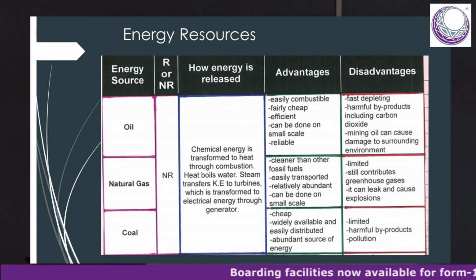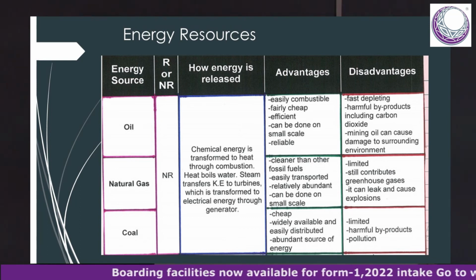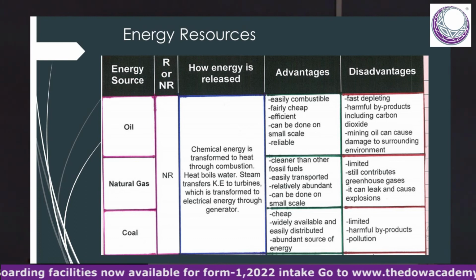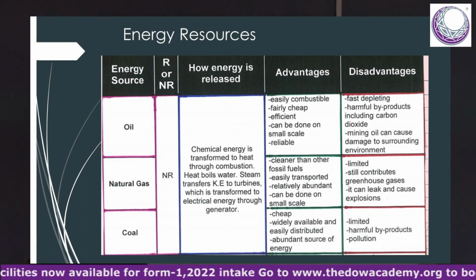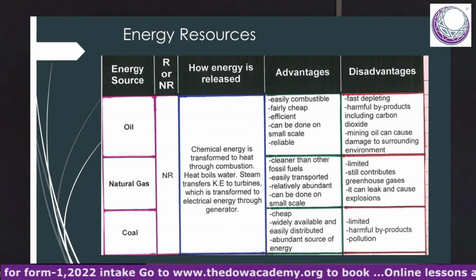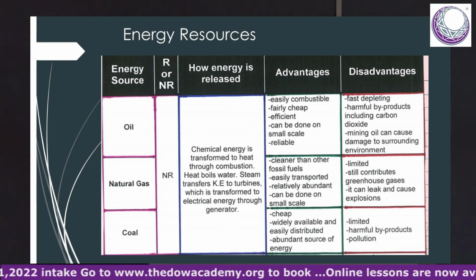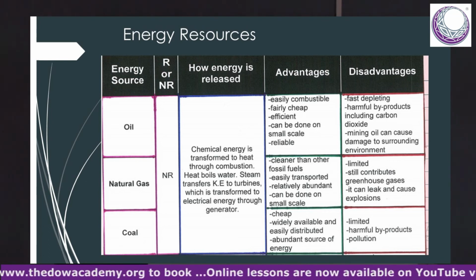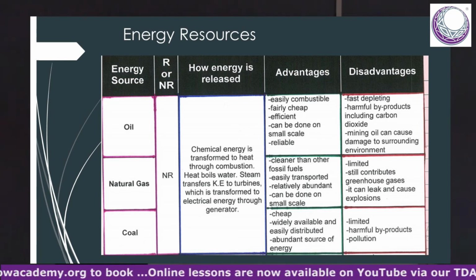The steam comes out of the boilers at high pressure, directed towards turbines. Those turbines are forced to rotate because of the steam blowing on them at high pressure.